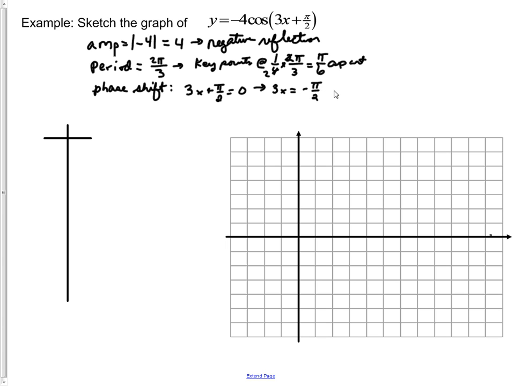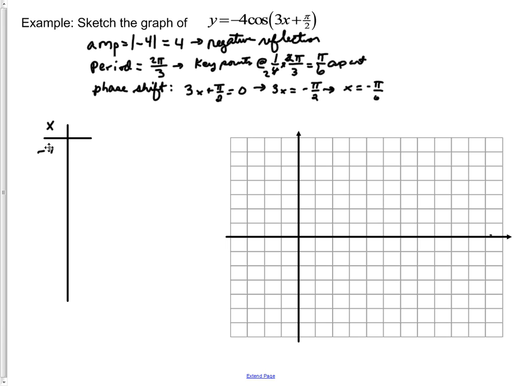Then, multiplying both sides by 1/3, gives us x equals negative pi over 6. All right, so how does that help us? Our x values are spaced pi over 6 apart, and our phase shift tells us that our starting point is not 0, but negative pi over 6.